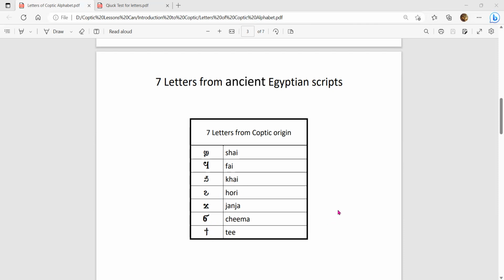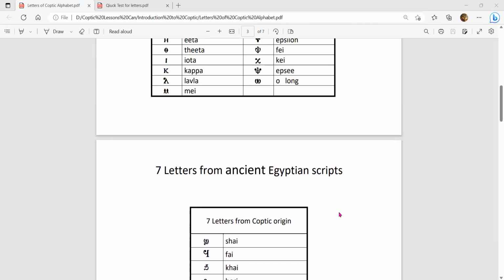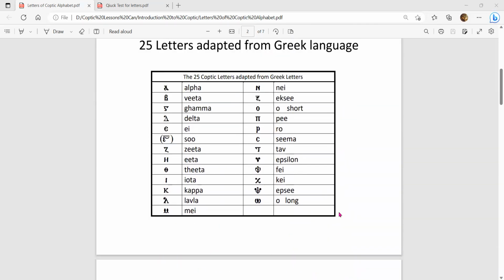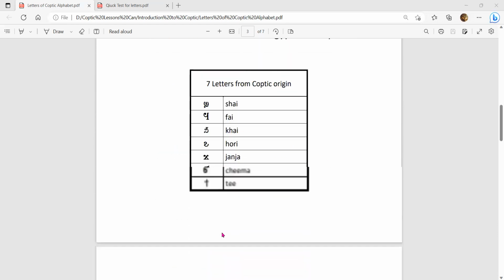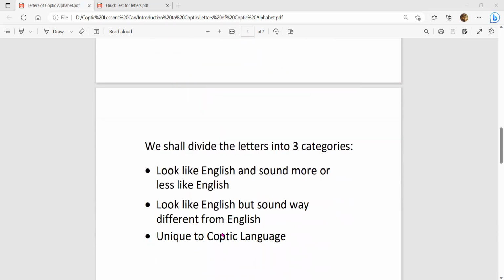So I would like to say something: some people, when introducing the Coptic language, say it consists of 31 letters because they take away the su as being a letter in the script. But this is in general how I have introduced it. Then in the coming sheets, we shall divide the letters into 3 categories.